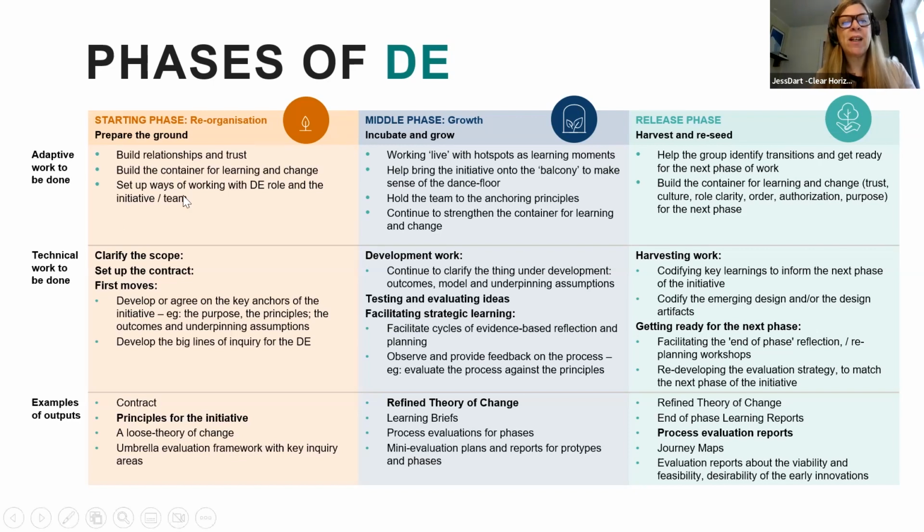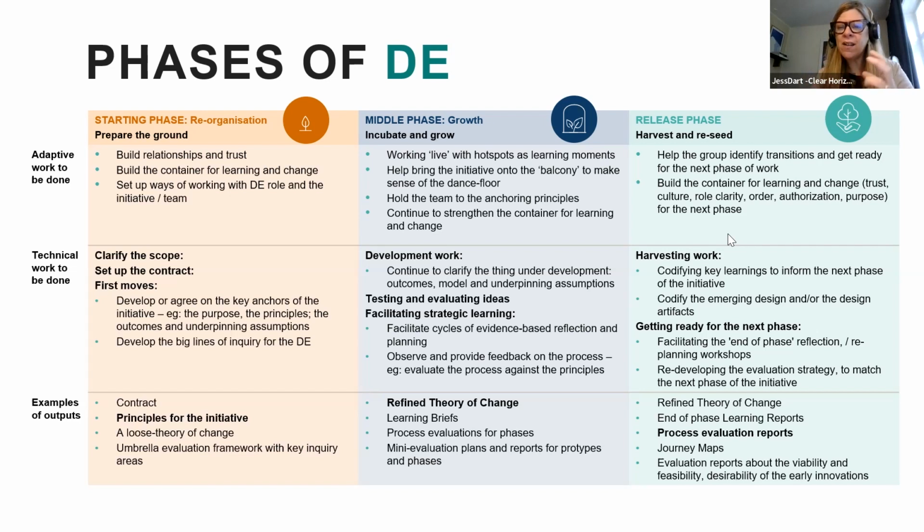So the adaptive work is you need to have a certain degree of trust and relationships to do this work, because you're going to be looking at things that don't work and do work, and you're going to have a lot of uncertainty. And so you need to build what we call a container, where it's okay to talk about what's not working, what is working. And you have to set up how the developmental evaluator is going to work with the other teams.